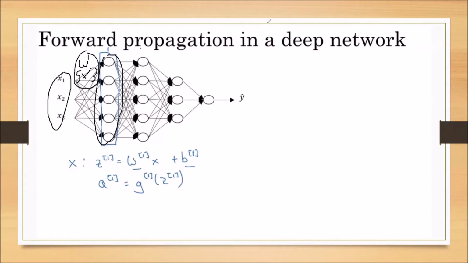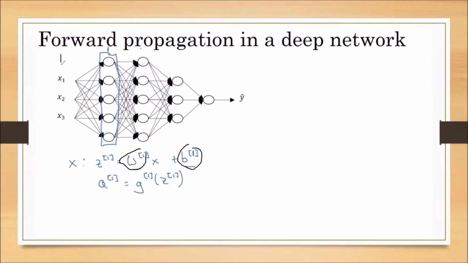So this W matrix size is 5 by 3, and what is B? We take the example B superscript 1. If we draw 5 wires to all activation units in the first layer, then B is a 5 by 1 matrix and W1 is a 5 by 3 matrix.